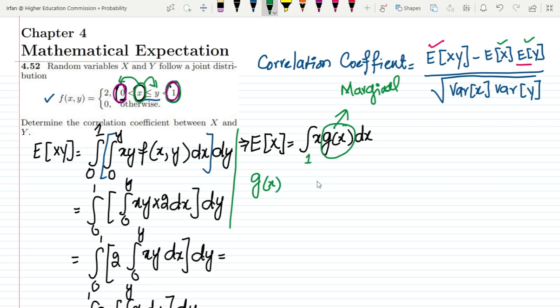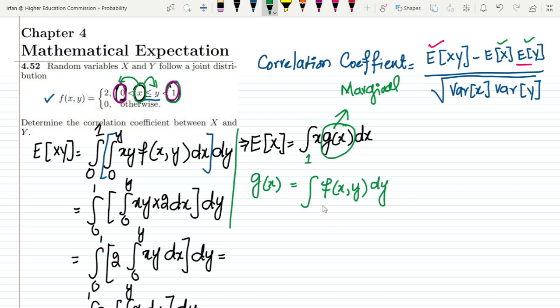So g of x would be the integral of f(x,y) with respect to y, because this is the marginal distribution for x, and all the values of x will remain the same while the values of y will change, as we have seen in our questions related to tabular forms.